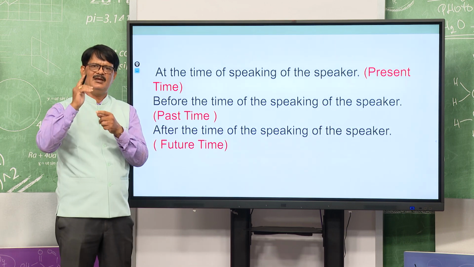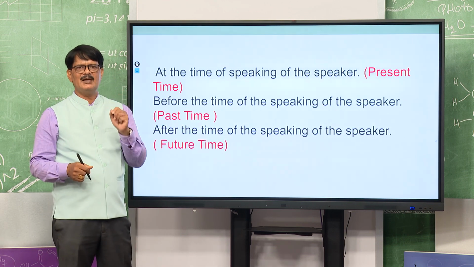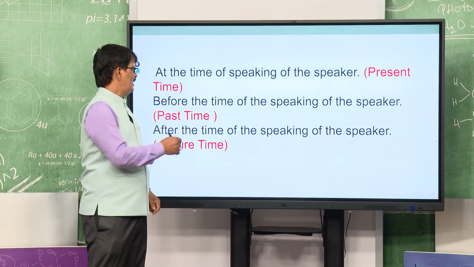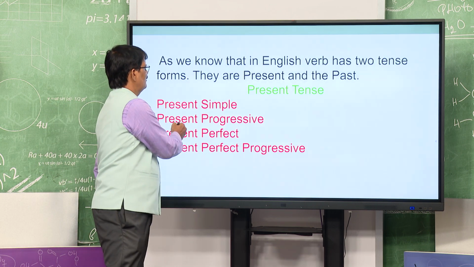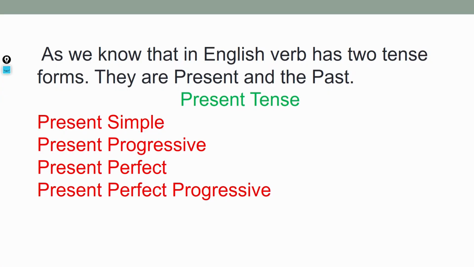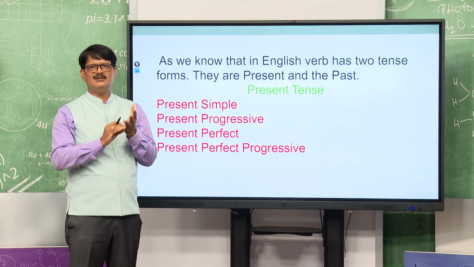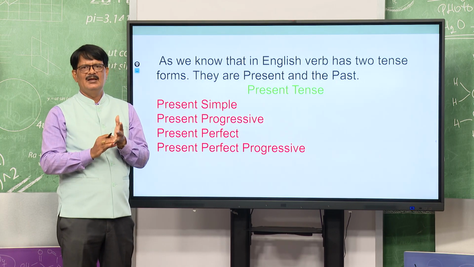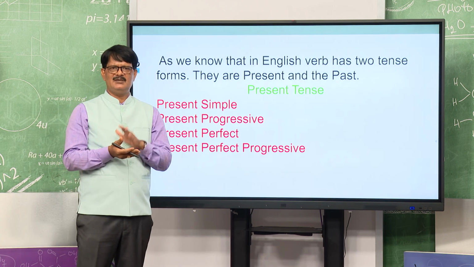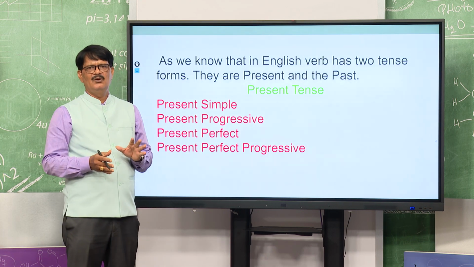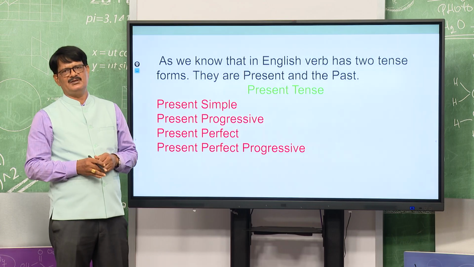So we have three times: the present time, the past time and the future time. In English we have two tenses, the present tense and the past tense. First we will discuss the present tense and after that the past tense.